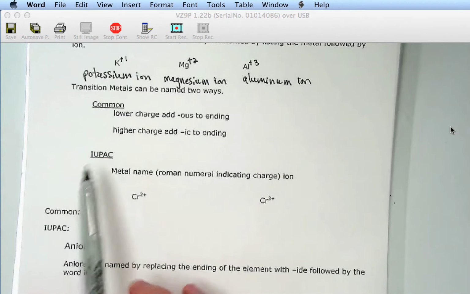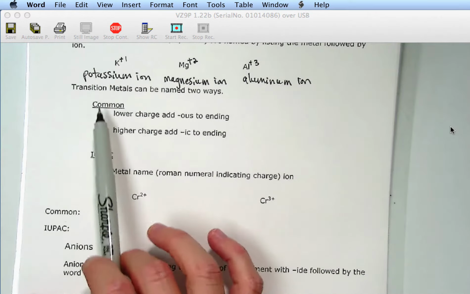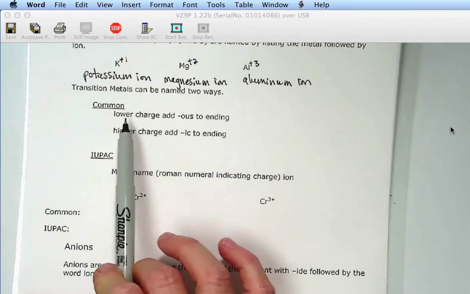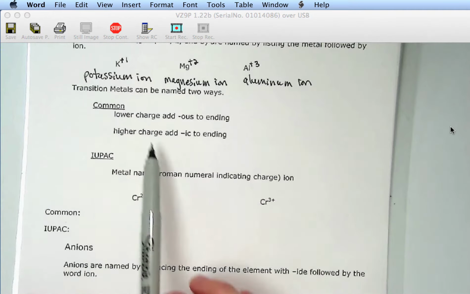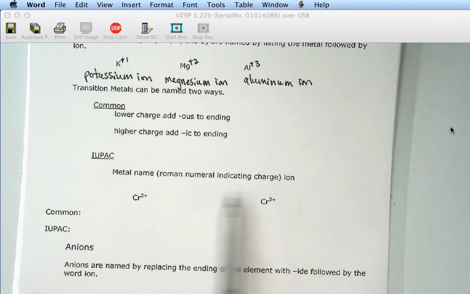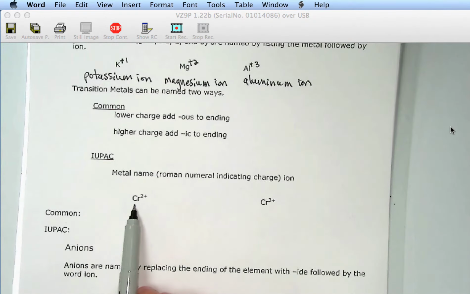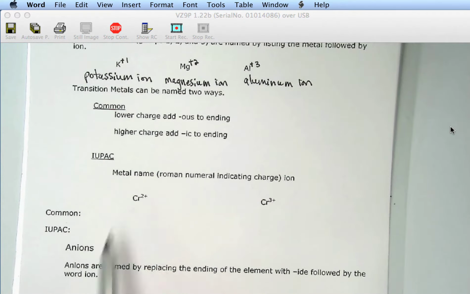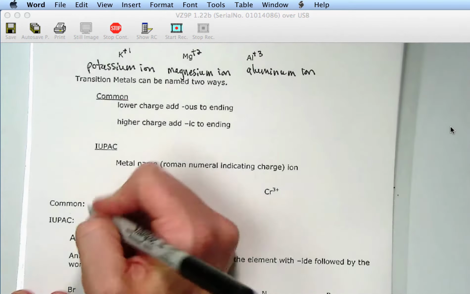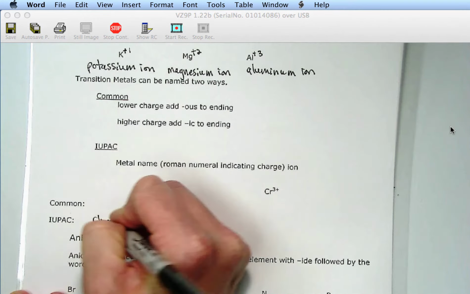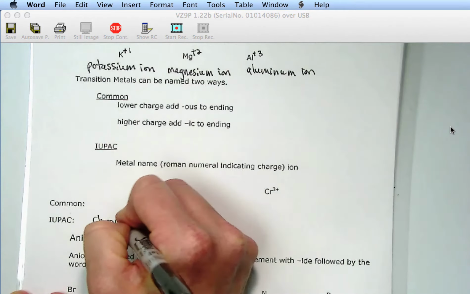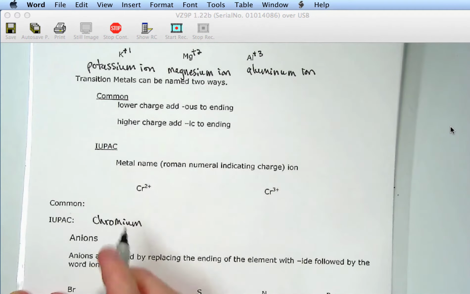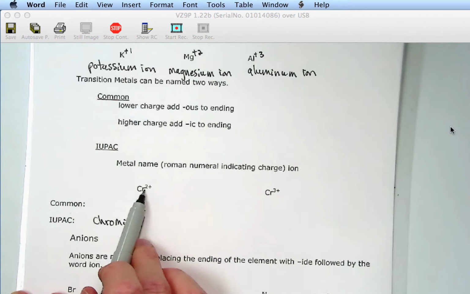So there's the common way to name transition metals, the -ous and the -ic, and then there's the IUPAC way. The IUPAC way is a lot of students' preferred way because it's a lot easier. So for chromium 2+, the IUPAC name would be chromium, and then you just put the charge in Roman numerals.